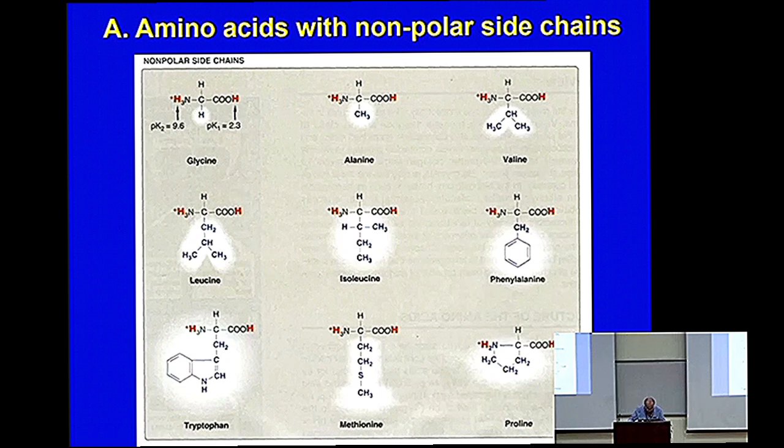So I'm going to start with the simplest and smallest amino acid, which is glycine. If you look at glycine here, the R group is an H. So that makes it the smallest of all amino acids.